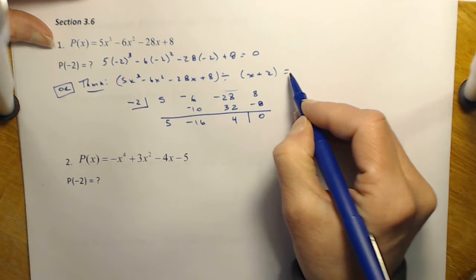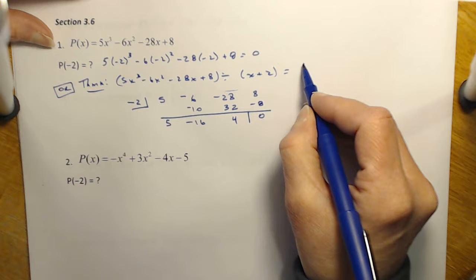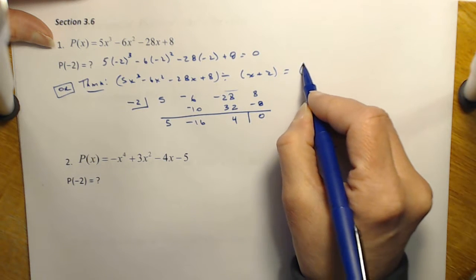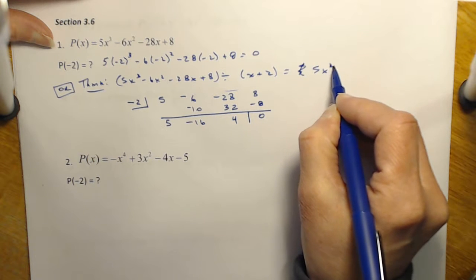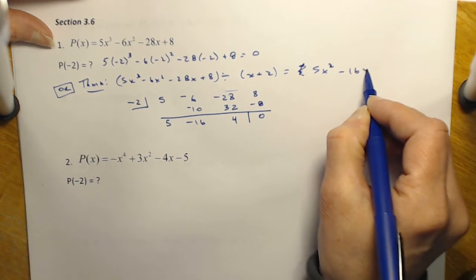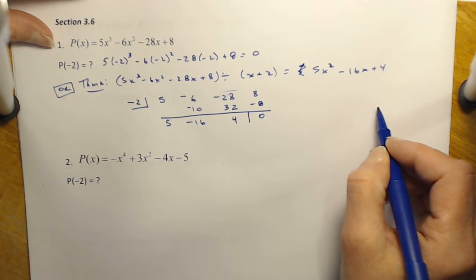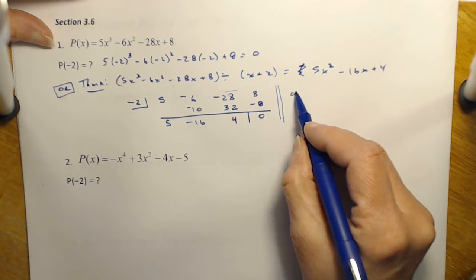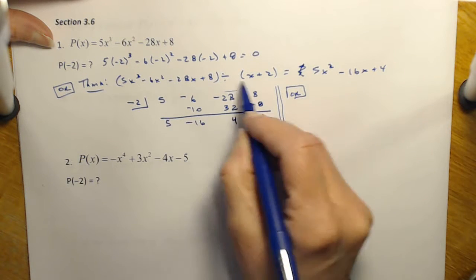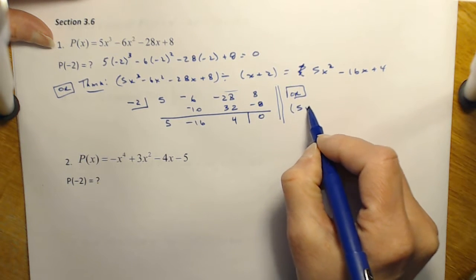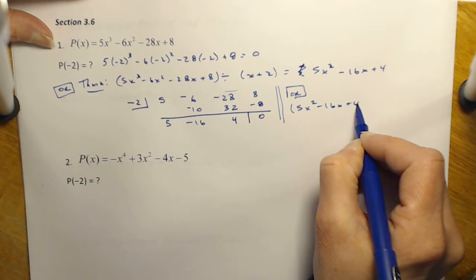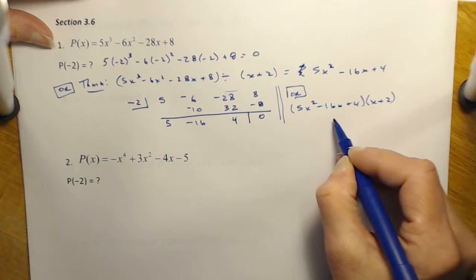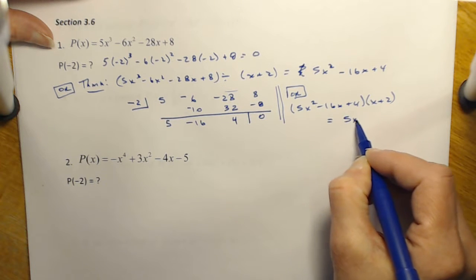Okay, so remember what this means is when you divided it out, you get 5x squared, you decrease the power by 1, minus 16x plus 4. Okay. Now again, how does this help us find p of -2? Well, remember, if you wanted to check a division, you would take your answer, 5x squared minus 16x plus 4, times the divisor, x plus 2, and remember that would equal your original.